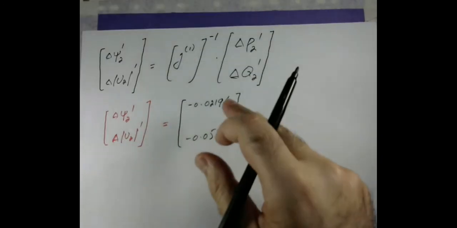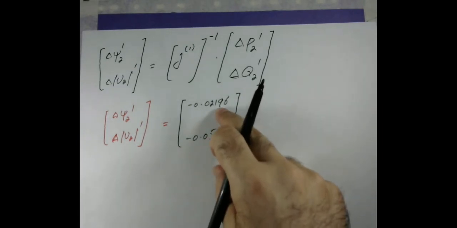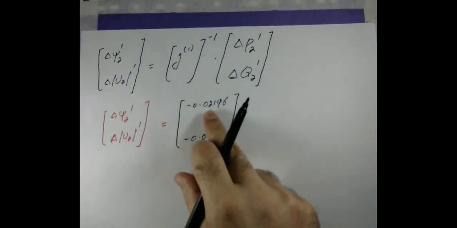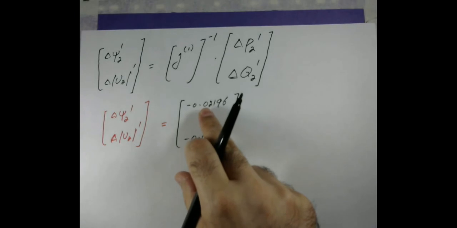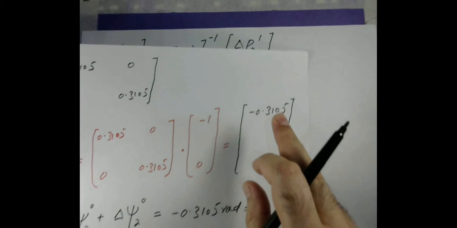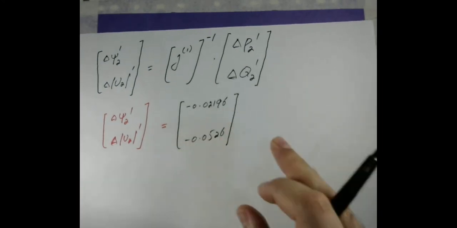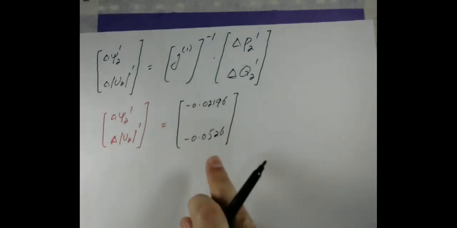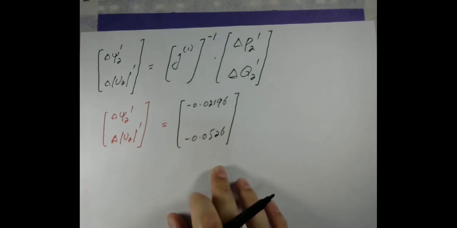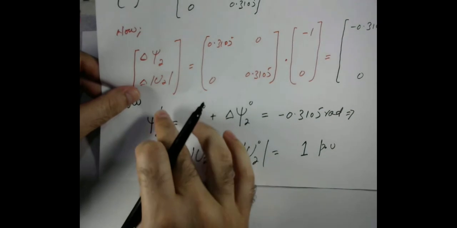Now based on the updated values, the error for the angle has changed from minus 0.3105 to minus 0.02196. So from 0.3 it has changed to 0.02, and similarly the difference has changed from 0 to minus 0.0526. So now, following exactly the same steps, I will determine psi 2 2 and u 2 2.